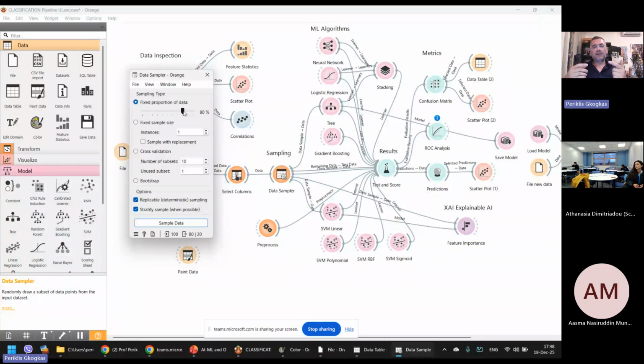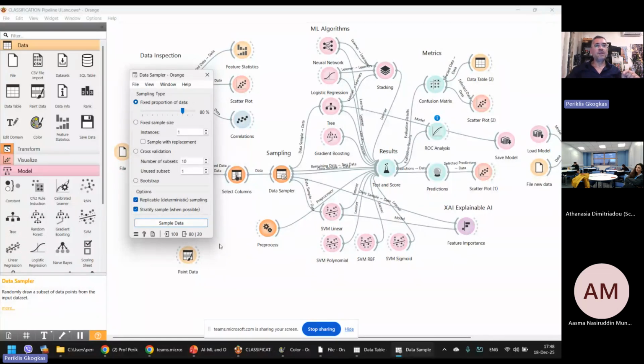Because if we do not select this, anytime we rerun this data set, Orange is going to randomly select 80% of the data, so we're going to have slightly different results every time. It is not bad because they're randomly selected, but in this case, we impose the same randomness every time we open Orange or rerun our algorithms in order to make our comparisons easier between the different models.